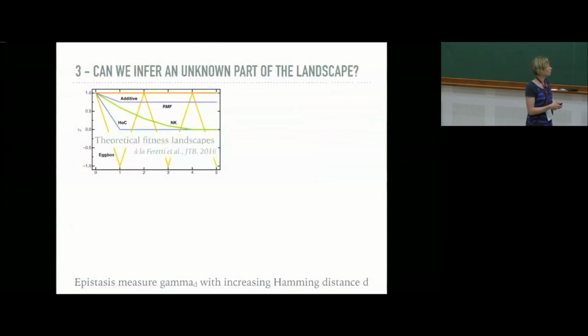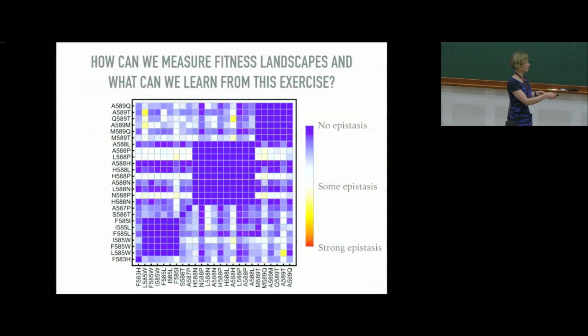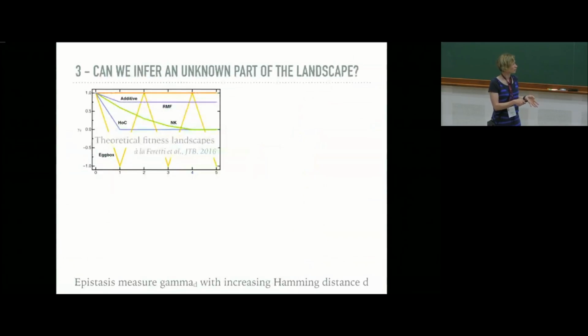Okay, and so finally we looked into this epistasis measure to see how much information it gives us to extrapolate beyond the known part of the fitness landscape. So far I've shown you this big fingerprint, but there's a way to summarize these gamma statistics and make them depend on the average gamma across mutational steps in the landscape.